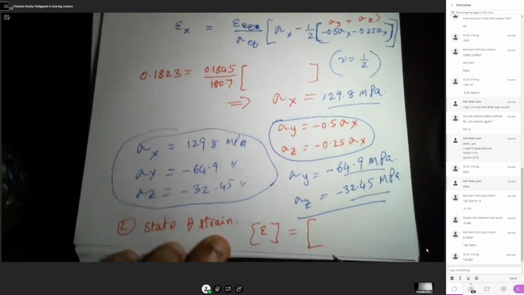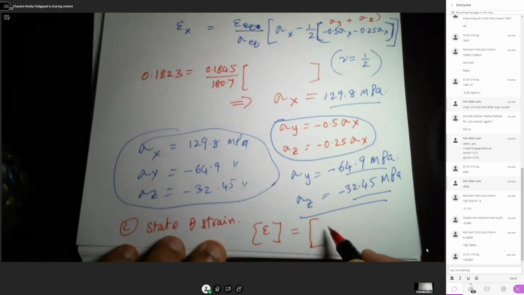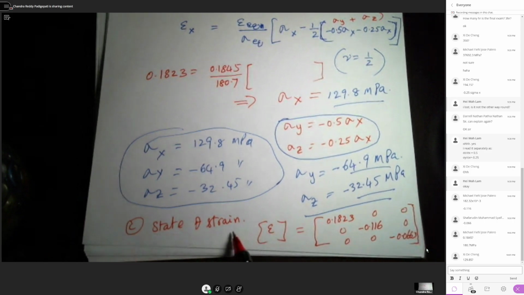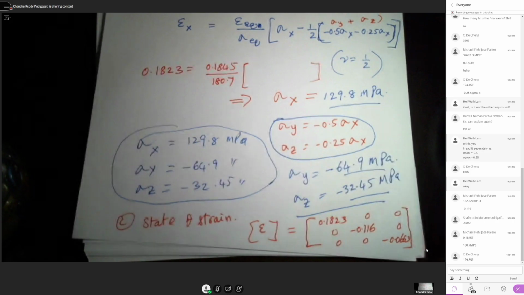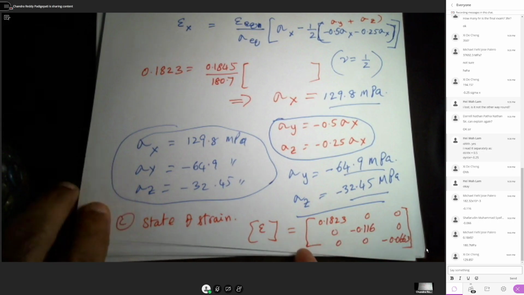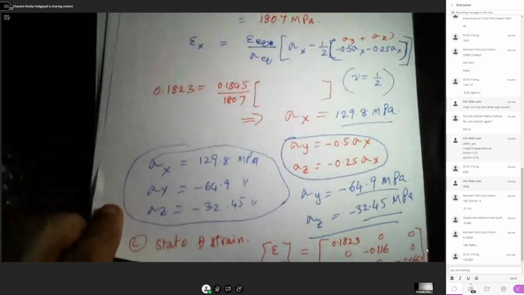We have already calculated the values: 0.1823 strain along X, the shear strains are 0, this is the strain along Y, and this is the strain along Z. So part C we have already calculated, and you just need to rewrite it in the form of a matrix, the state of strain.